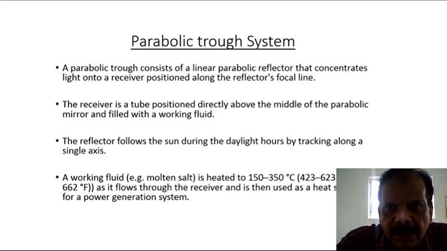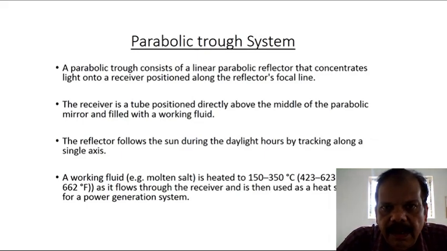The parabolic trough system, as we have already seen in the image, consists of a linear parabolic reflector that concentrates light onto a receiver containing the working fluid. The fluid enters at a low temperature, and when it is coming out it is heated.